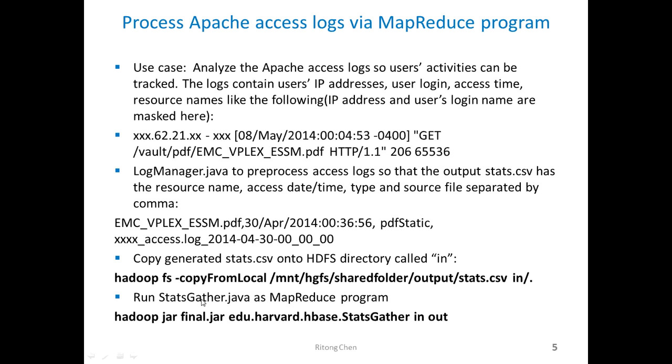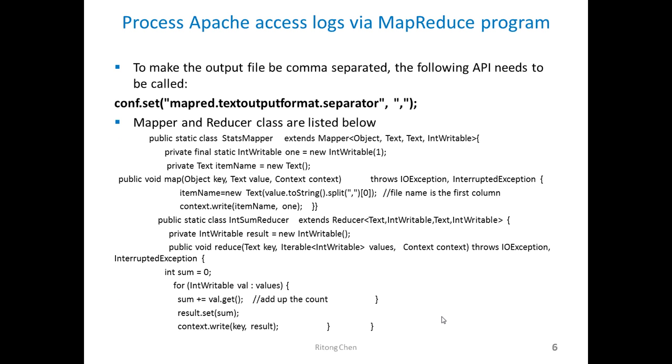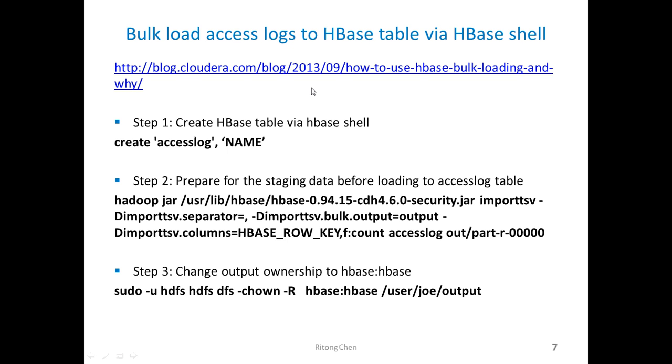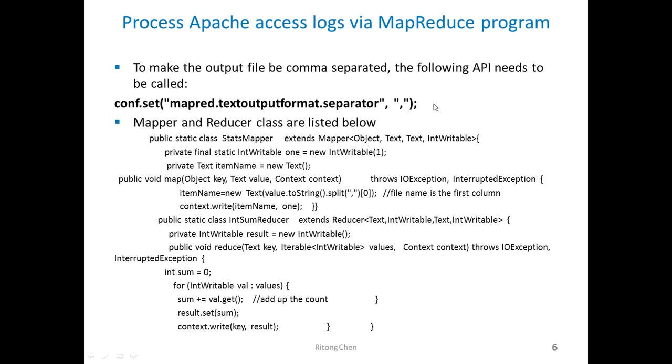Basically, I export it to a jar file and run this command, so the output directory will be out. Here's my program. The only thing to notice here is that I need to set this separator so that the output file will be a CSV file as well, separated by comma.